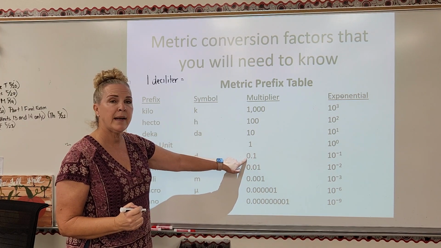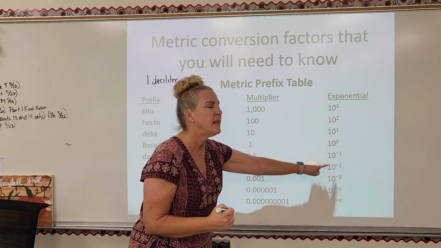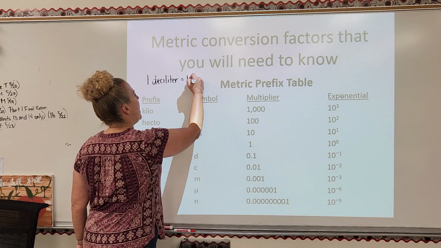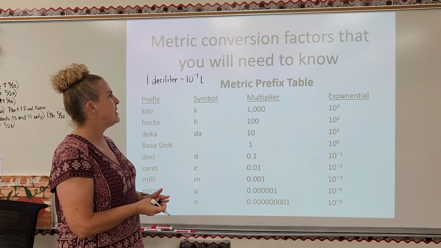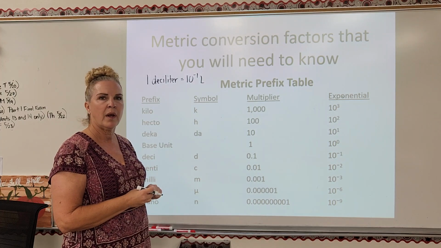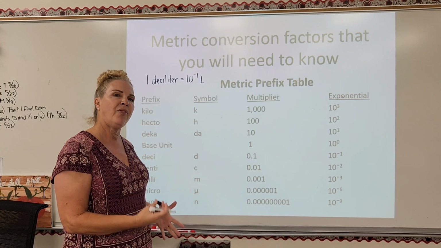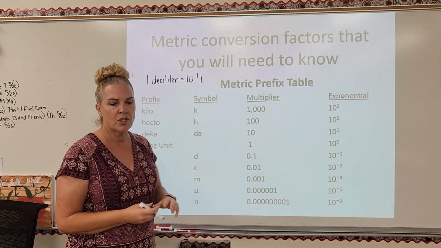Well, I could write it as 0.1, or I could write it as 10 to the minus 1. So it's equal to 10 to the minus 1 liters. And what that means is that this is smaller than a liter, all right? It is 1/10 of a liter. And that is what we're going to use to solve our problem.